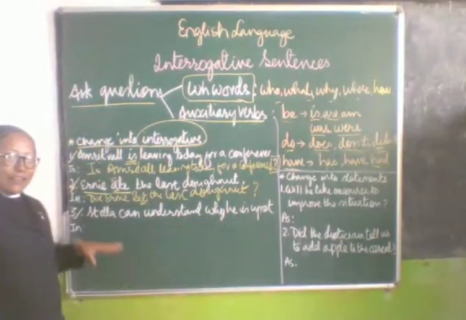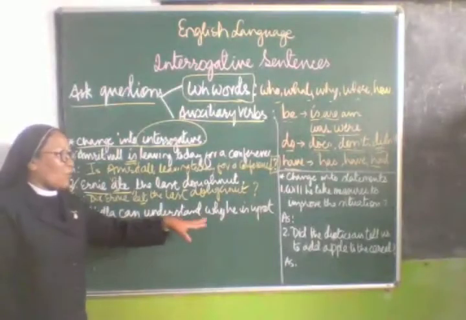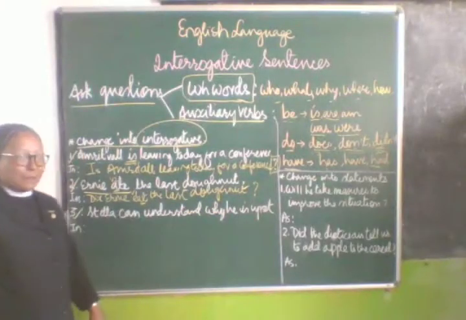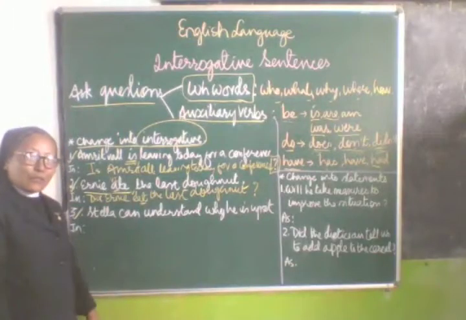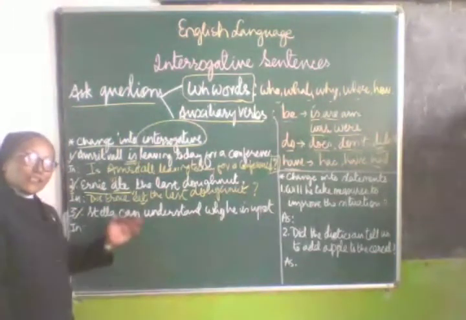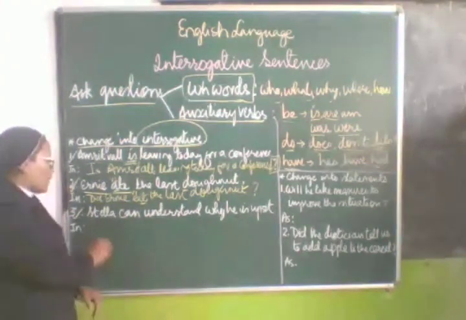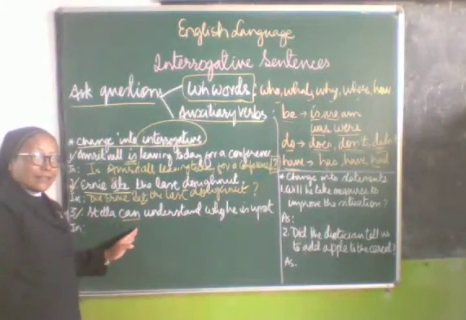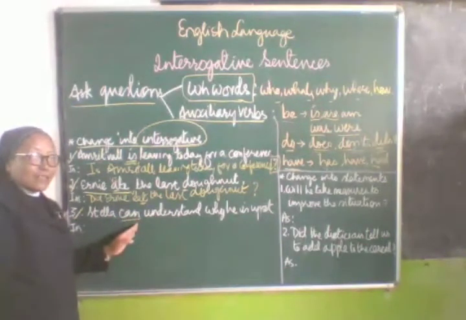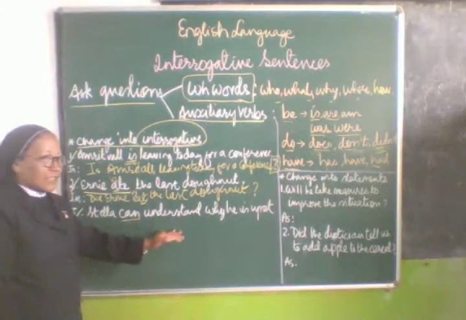So your affirmative sentence is Stella can understand why he is upset. Now we'll first underline the verb so that it will be easy for us to make the question.